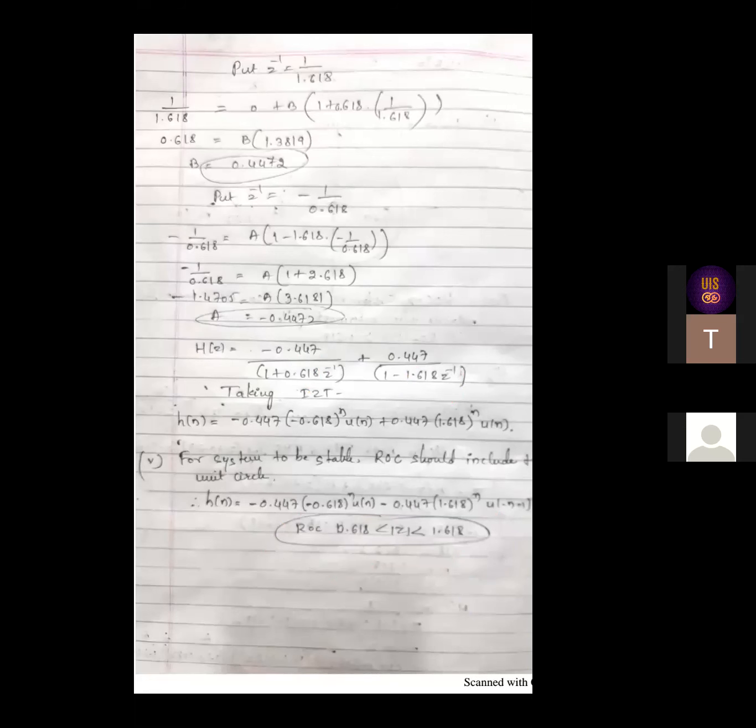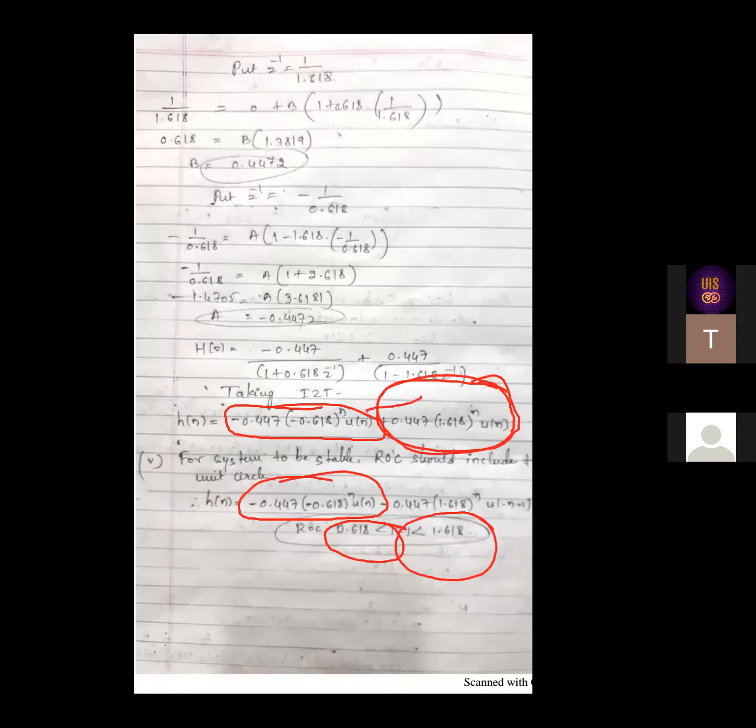Now, for 0.618 the ROC is greater. Hence, whatever I got here, I have written the same thing for h of n. But for the second point, since the ROC is lesser, this should be changed to minus u of minus n minus 1.